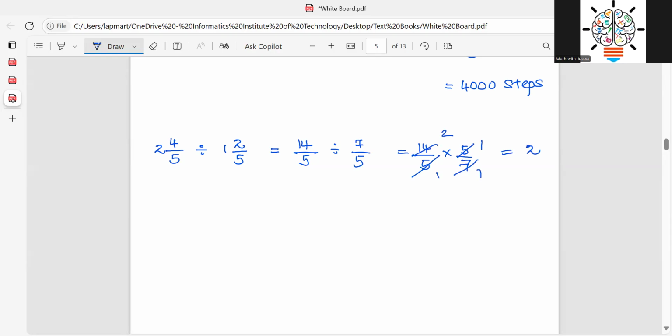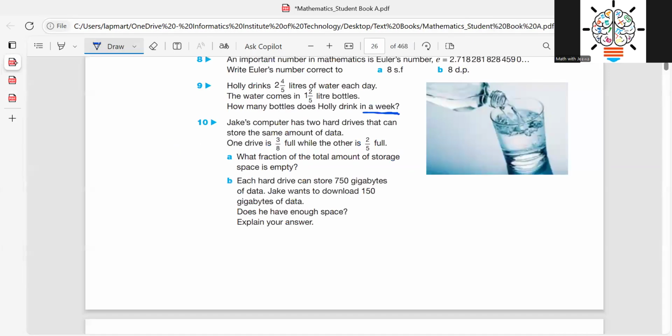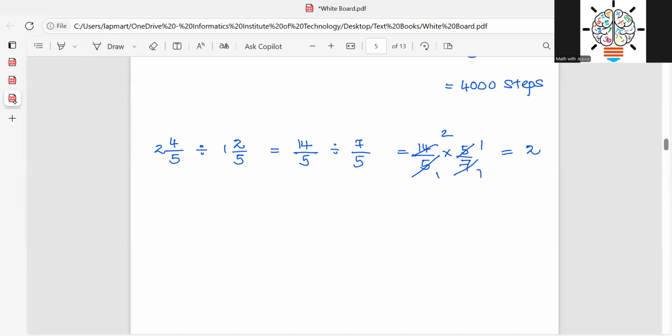Most of the students keep the final answer as 2, and they just say 2 bottles. But did you see the question? You want to find how many bottles Holly drinks in a week. So here we can write, she takes 2 bottles per day.